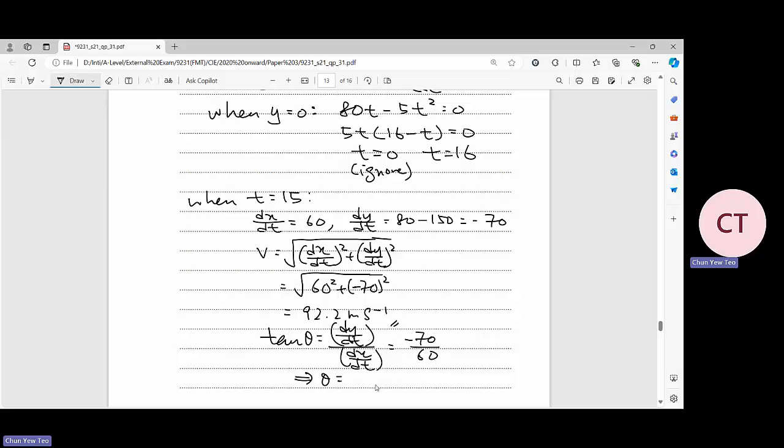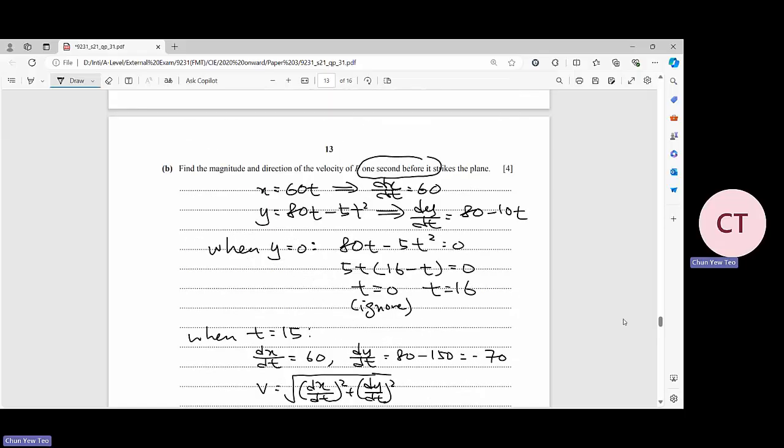So you will get the answer as, just wait for me to press the calculator, 49.4 degrees. Yeah, 49.4 degrees. And then just mention it is going downward. The negative means downward. Just like that. So this is how you get the direction.